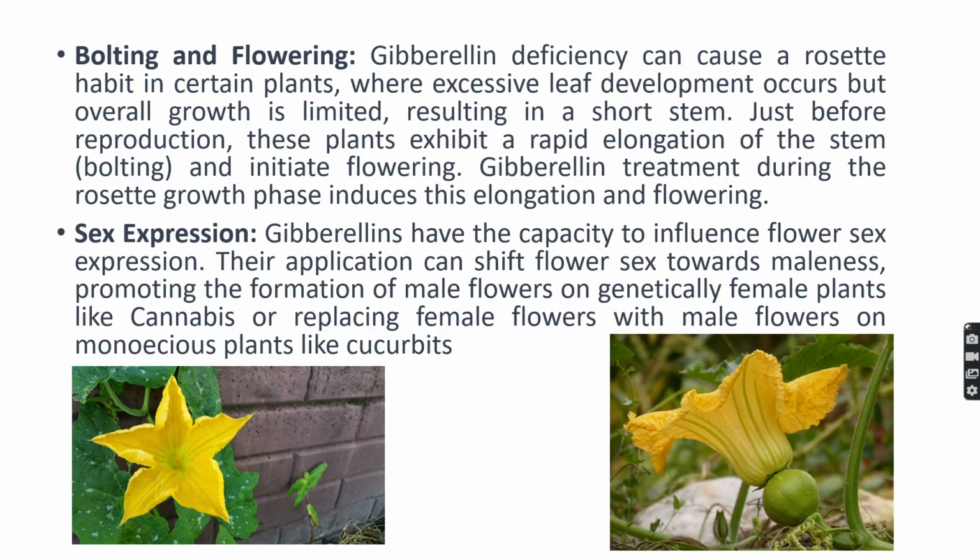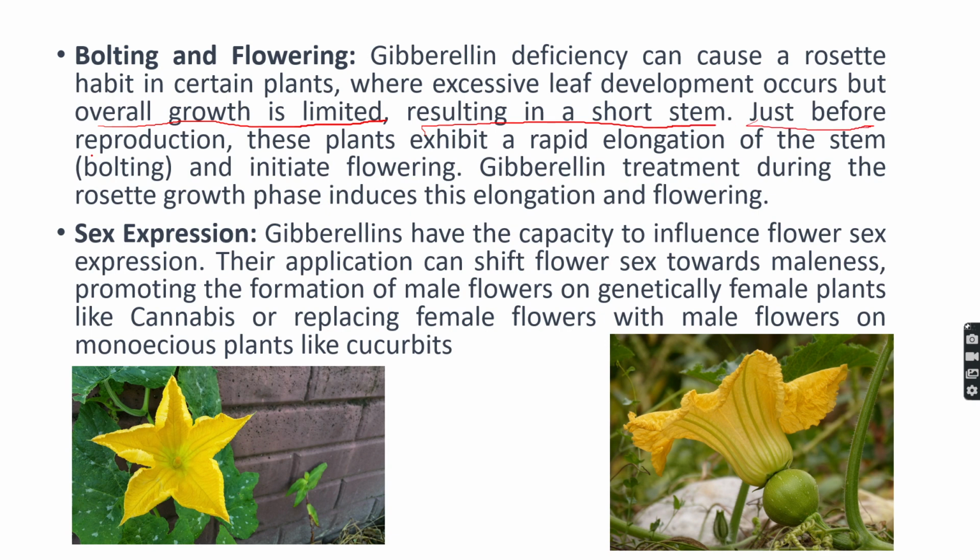Another important role is that it helps in bolting and flowering. Gibberellin deficiency can cause a rosette habit in certain plants where excessive leaf development occurs but overall growth is limited, resulting in a short stem.